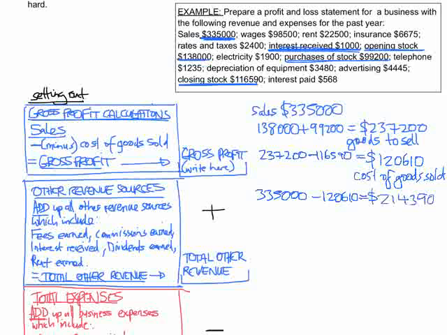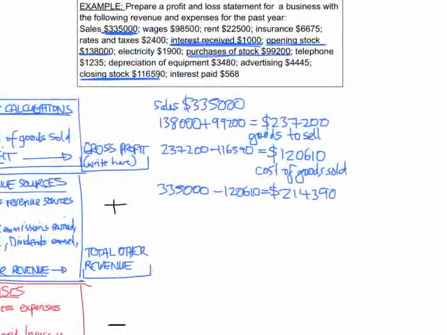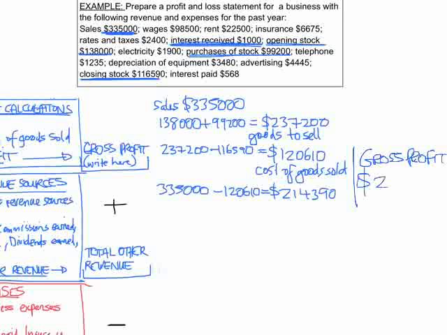So a gross profit of 214,390, and I've suggested that you put it off to the side. So I'll put that here off to the side. Gross profit 214,390.